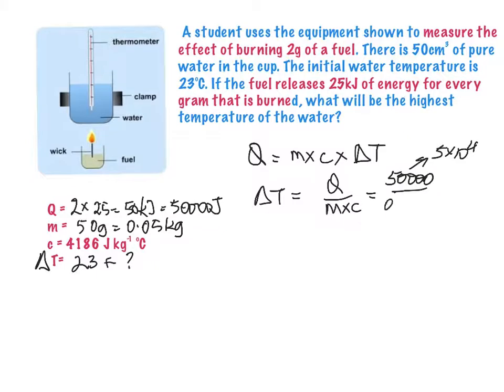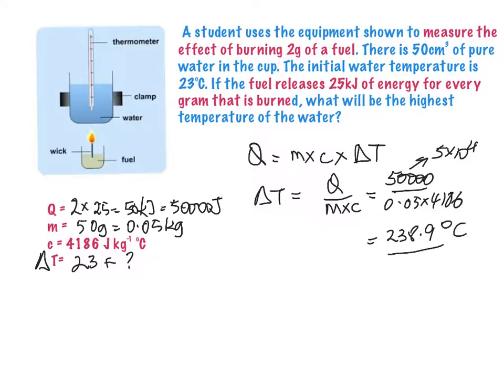Now, our M is 0.05 times C, which is 4186. So if we then do those sums, we should end up with a number that looks something like this. Right? But that's only half of it.